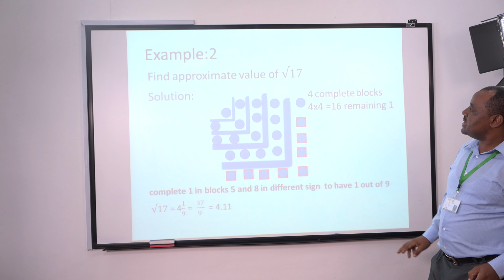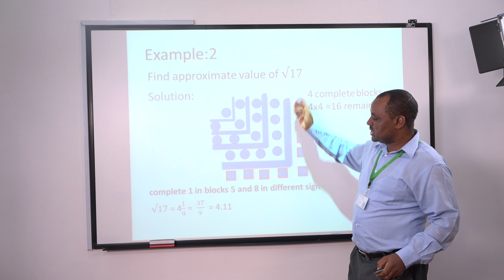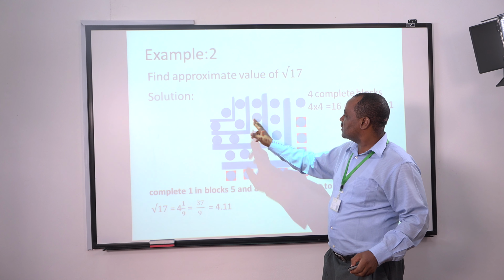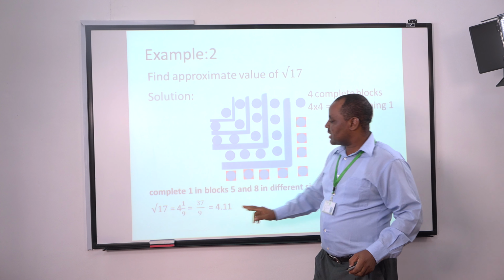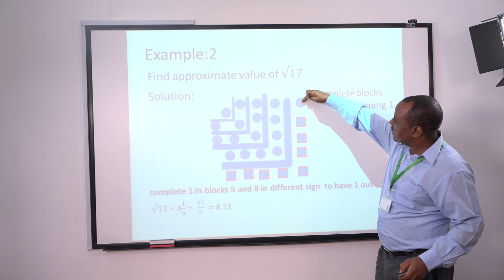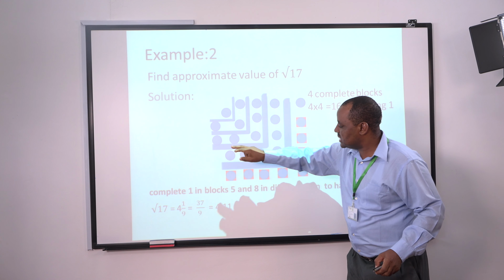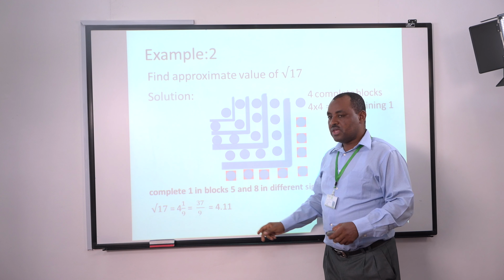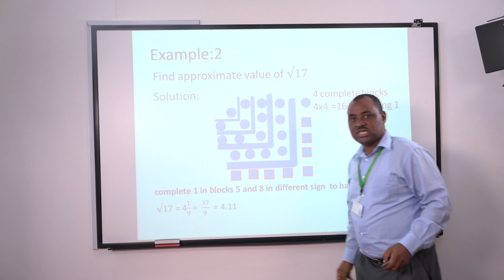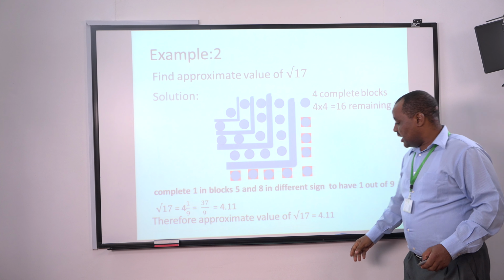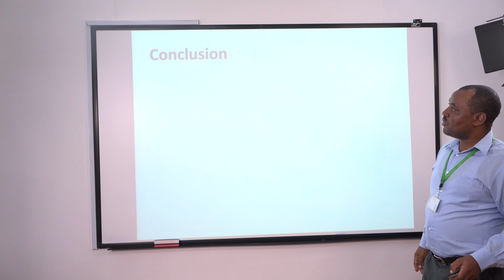Therefore we can say the square root of 17 is equal to 4 complete blocks, and then remaining 1 Gnomon out of 1, 2, 3, 4, 5, 6, 7, 8, 9. Which then, if you find it, gives 4.11. Therefore, the approximation of the square root of 17 is 4.11.